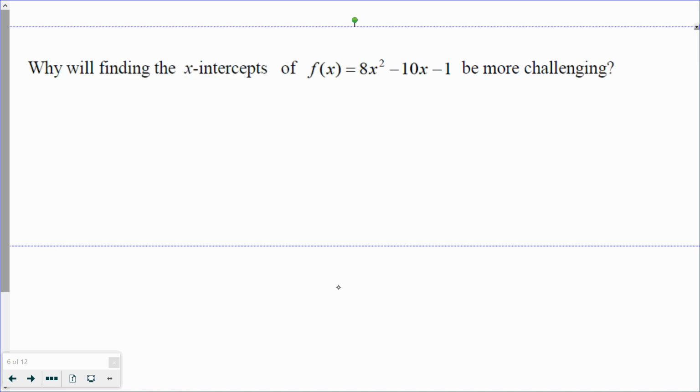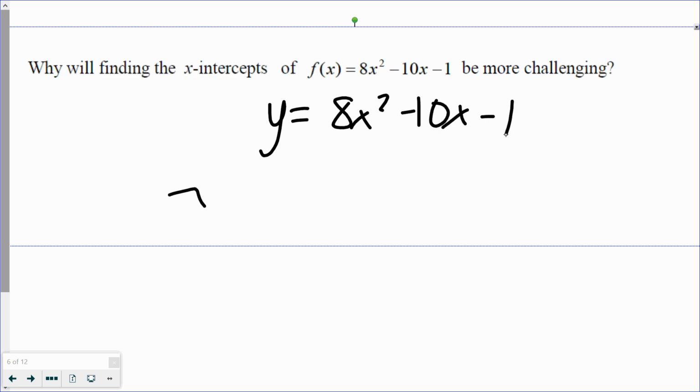So why will finding the x-intercepts of this beast be more challenging? When we would try to factor it, 8x squared minus 10x minus 1, in this case, because a is not equal to 1, we need to factor by decomposition. You can look back at your review stuff.